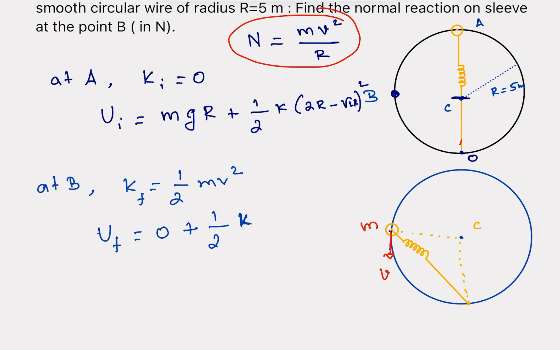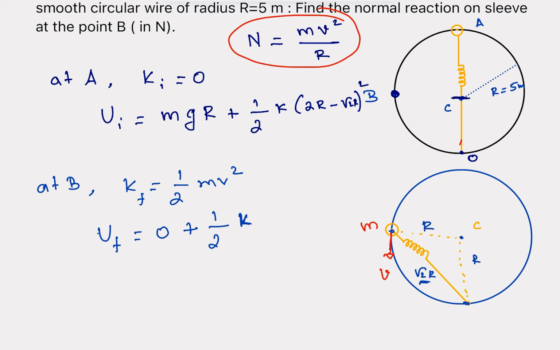You see that this is r and this is r, so this distance is actually root 2 into r. So the final length of the spring is root 2r, and the natural length is again root 2r.